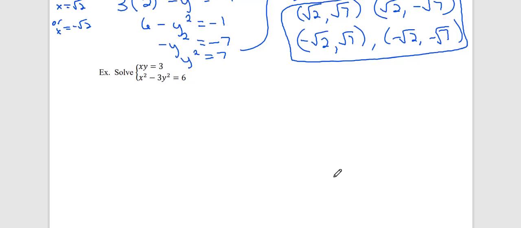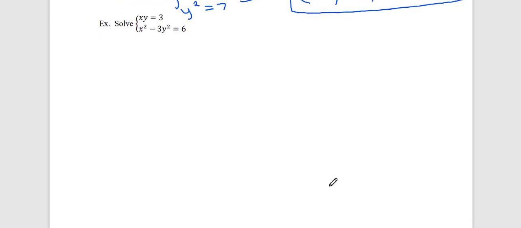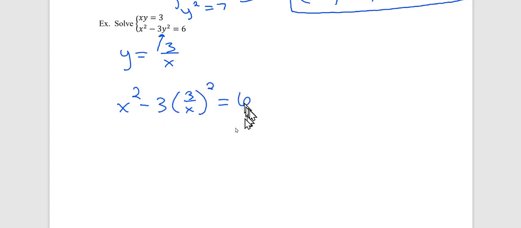This last example here is going to be best solved using substitution, where we let y equal 3 over x and plug that in right there in place of y. x squared minus 3 times 3 over x squared equals 6. x squared minus 3 times 9 over x squared will equal 6.